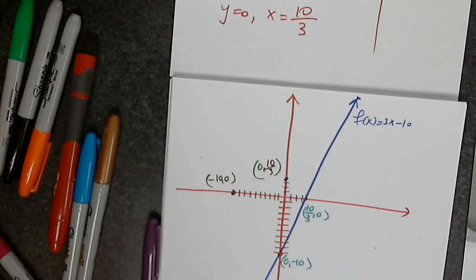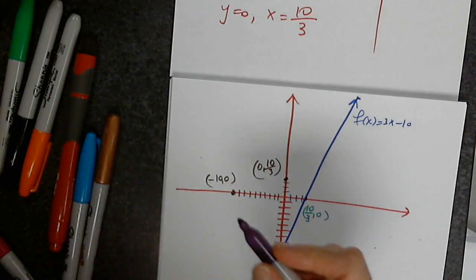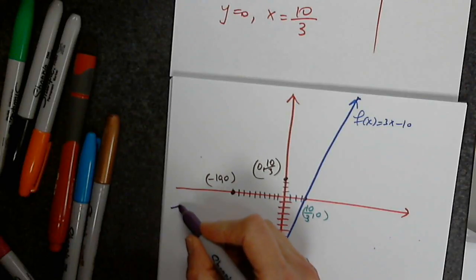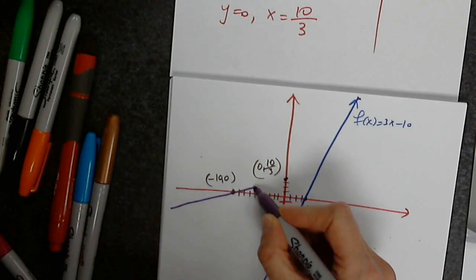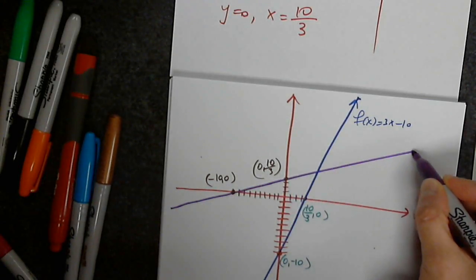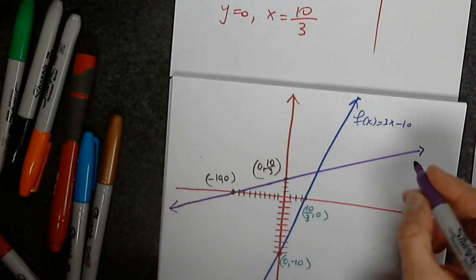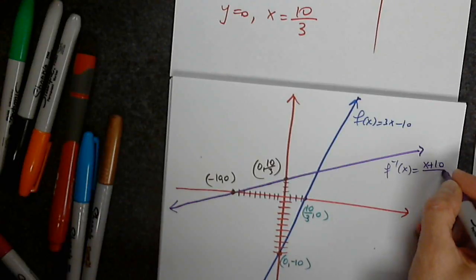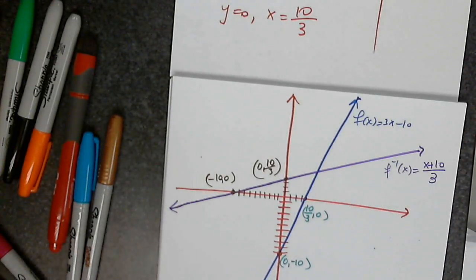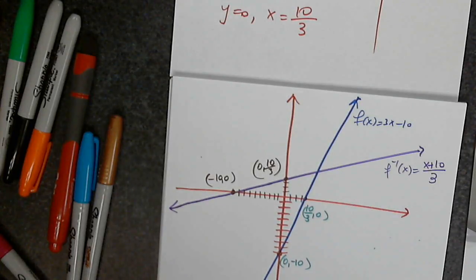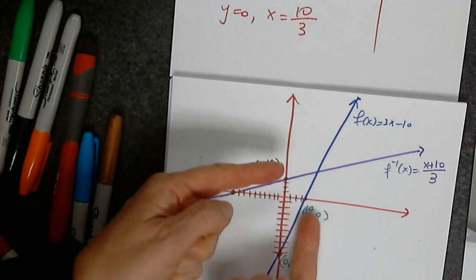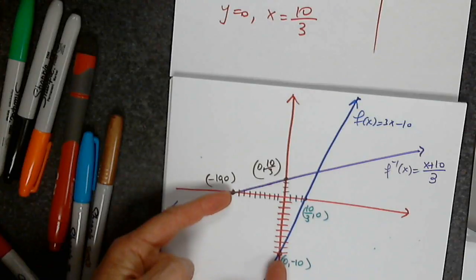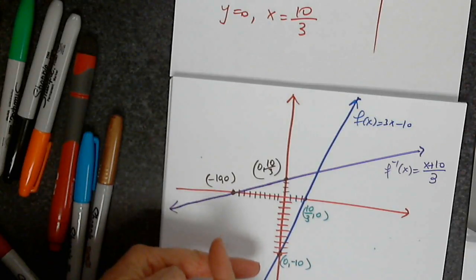Now what I want you to notice, so this is f inverse of x, x plus 10 divided by 3. What I want you to notice is this. See that this is a reflection, right? Right.